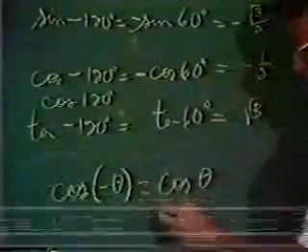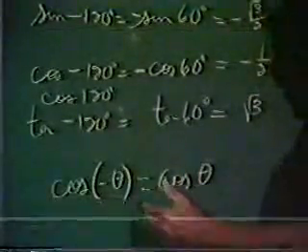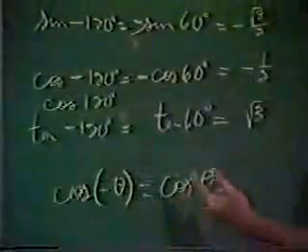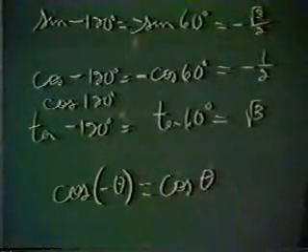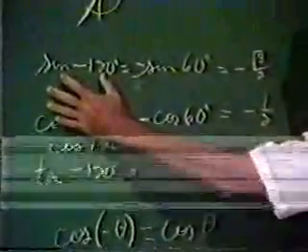This is not saying that the cosine of a minus angle is always positive. It's simply saying that you can find the cosine of minus 120 degrees to be the same as the cosine of plus 120 degrees. It's saying that the sine of minus 120 degrees is the same as finding minus the sine of 120 degrees.